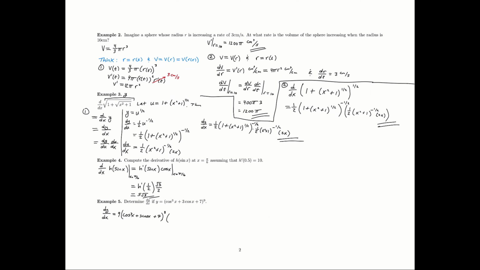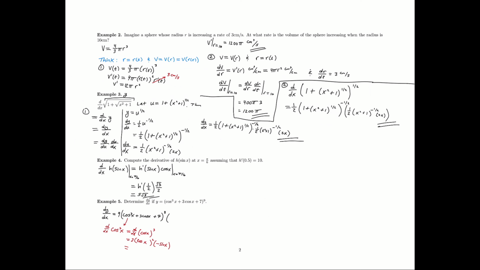Now remember here that this term here, cosine cubed of x, is really just cosine of x cubed. So the derivative of something like this is another chain rule, which would be 3 cosine x squared times the derivative of cosine, which is negative sine.